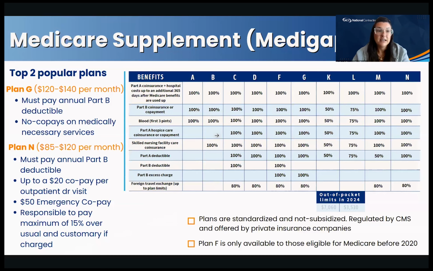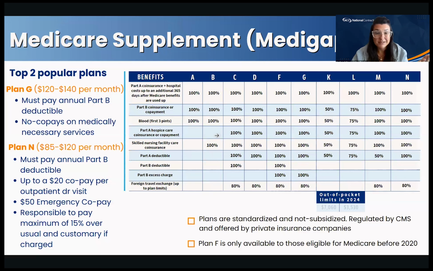The only difference between F and G is the Part B deductible that you'd have to pay. So 200 and, oh gosh, somebody help me out here, $258, something like that for 2025. The only difference between Plan G and N, both have to pay that Part B deductible, but Plan N has two set copays, one for going to the doctor and one for going to the emergency room.